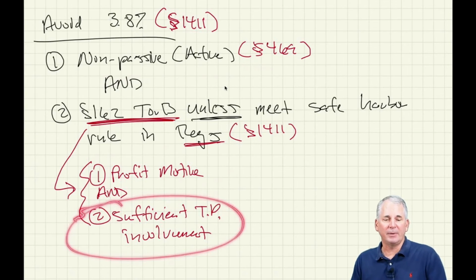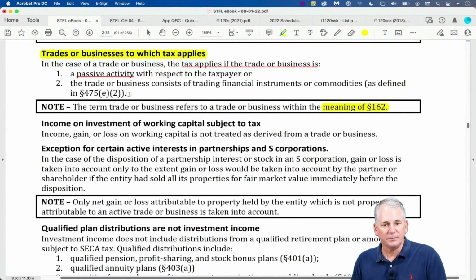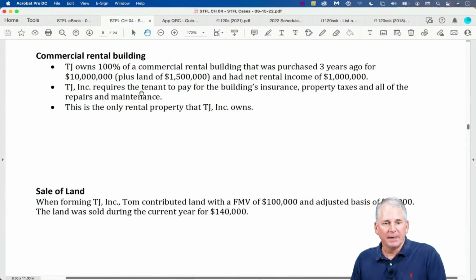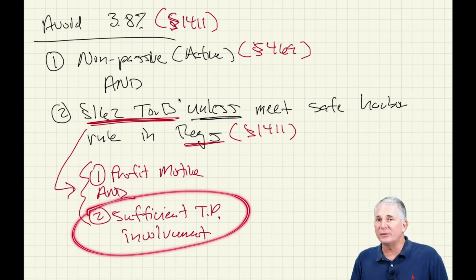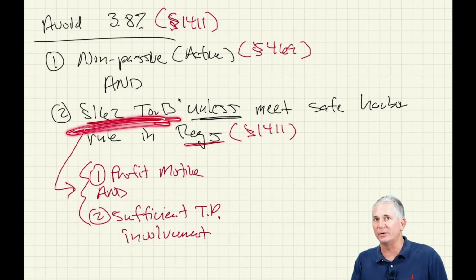Okay, now in the example I just gave, where's our case? It says they have a rental building, but they require the tenant to pay for the insurance, property taxes, and all the repairs and maintenance. So assume that they require the tenant to do everything, and basically the company just says, hey, leave us alone, send us a monthly check. They're doing absolutely nothing. Well, the problem is, it's probably not going to constitute sufficient taxpayer involvement to get to a trade or business under 162.